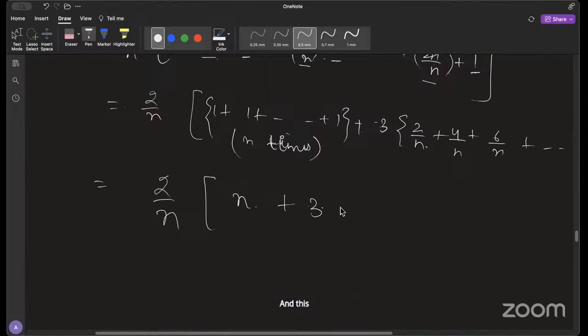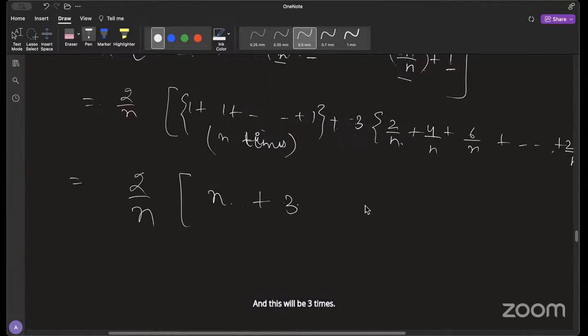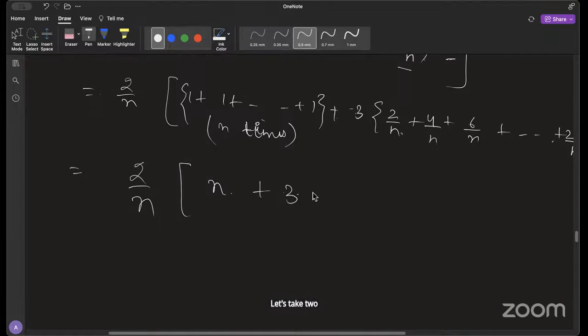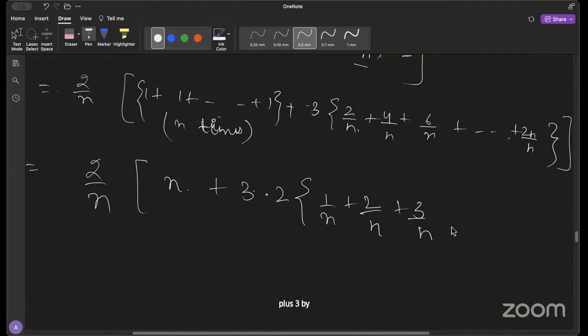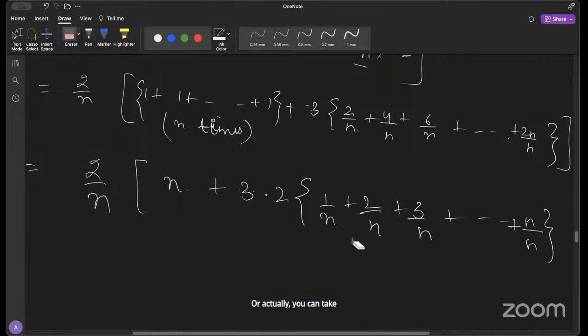And this will be 3 times. Let's take 2 common from all of these. So you'll have 3 times 2 by n, 1 plus 2 plus 3 plus up to n. You can take n common too, right? So you will have n here.